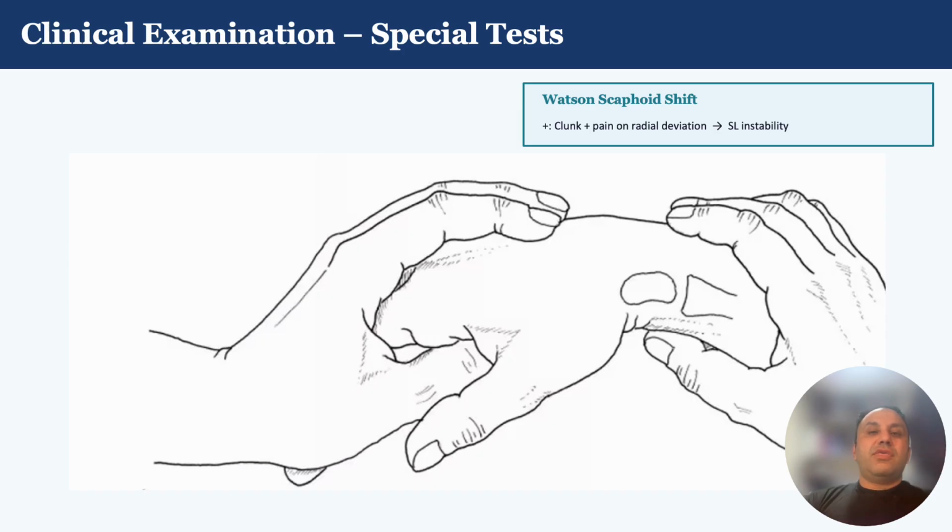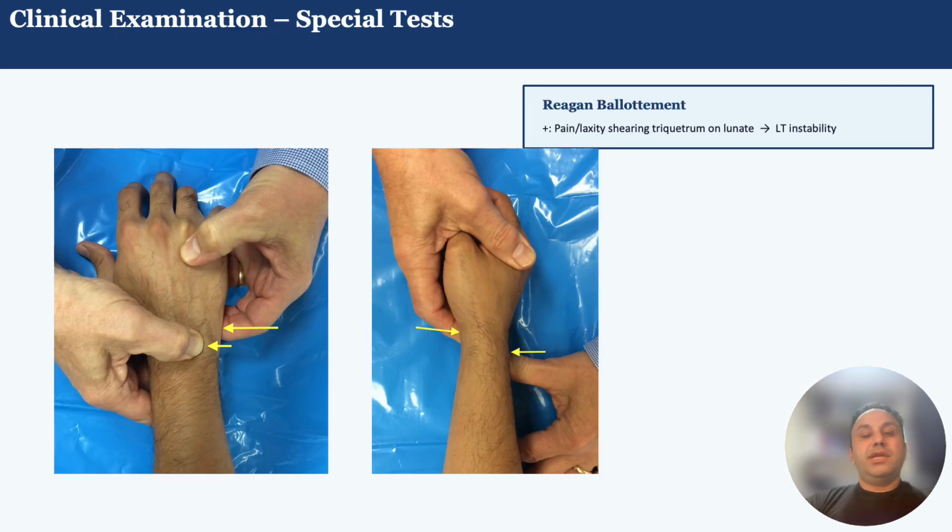In the test on the affected wrist, you stabilize the lunate, move the triquetrum dorsally and palmarly, and look for pain or tenderness, and repeat on the other side. A positive test means lunotriquetral ligament injury. And this is the Reagan ballottement test here, as I said.